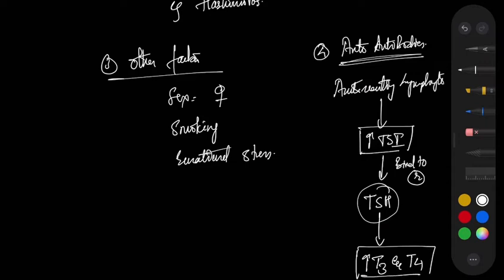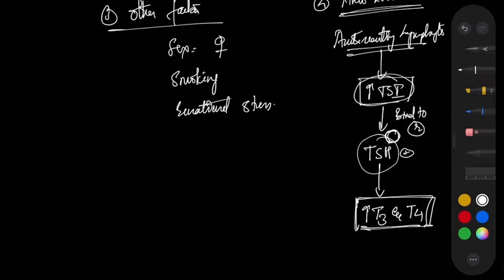So these autoreacting lymphocytes increase TSI, which binds to the receptors of thyroid stimulating hormone and stimulates release of T3 and T4. So this was the etiopathogenesis for Graves' disease.